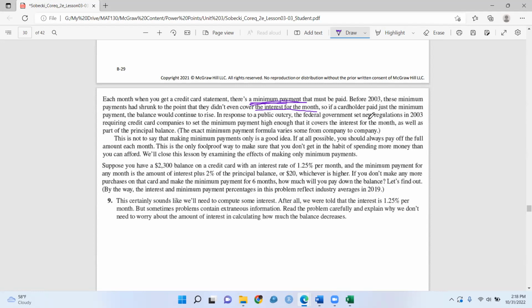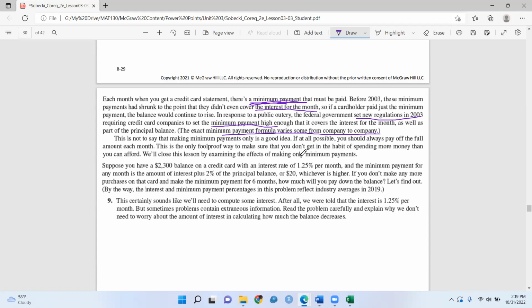The federal government put in some financial regulations that said you can't do that, credit card company. You have to make the minimum repayment enough to at least cover the interest and a small part of the principal, so that if all you're doing is making the minimum payment, the balance decreases. The author notes here that how that happens is determined by the company, but they have to pay interest and some principal.